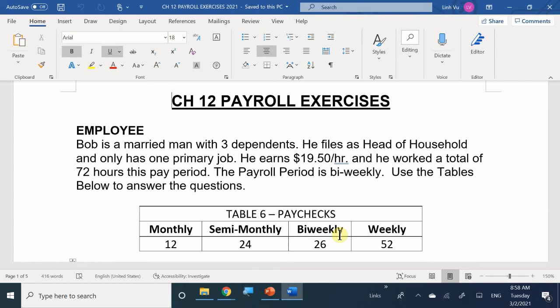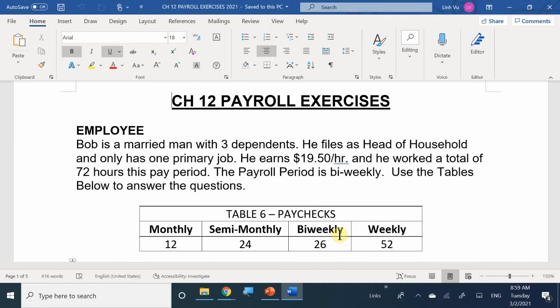And only has one primary job, okay? He earns $19.50 per hour, and he worked a total of 72 hours this pay period. The payroll period is bi-weekly, and so now you're going to use the table down below to go ahead and answer the questions.